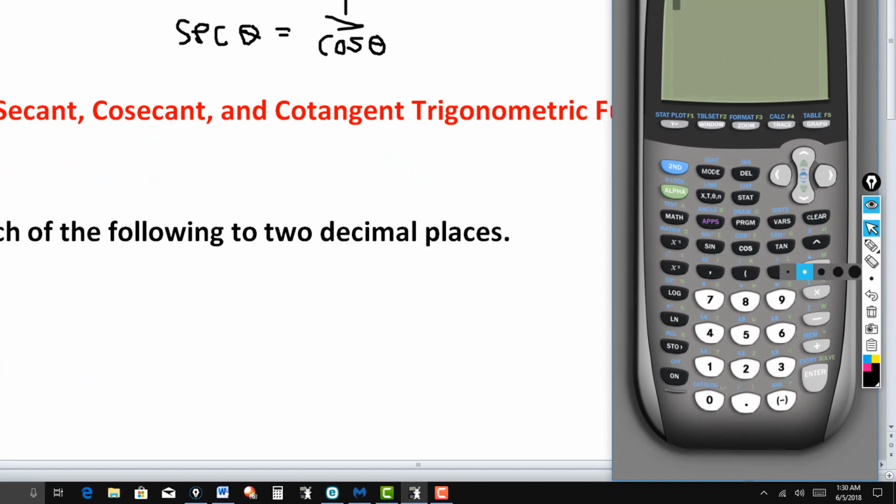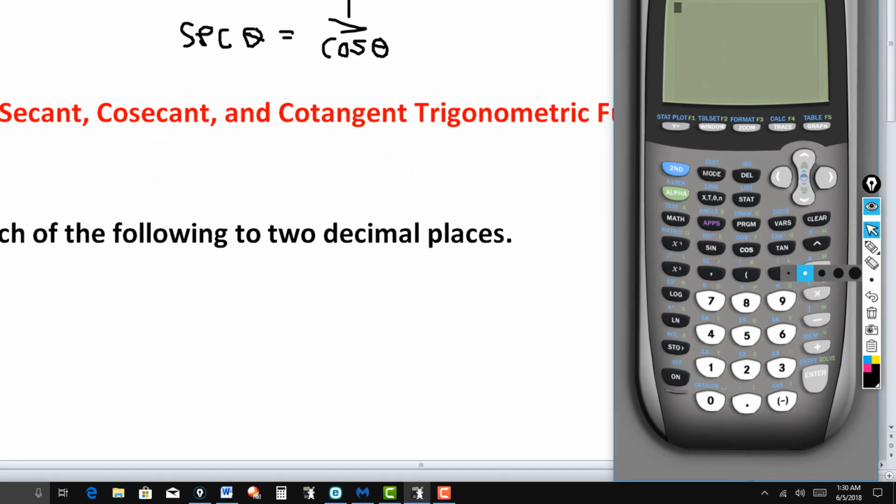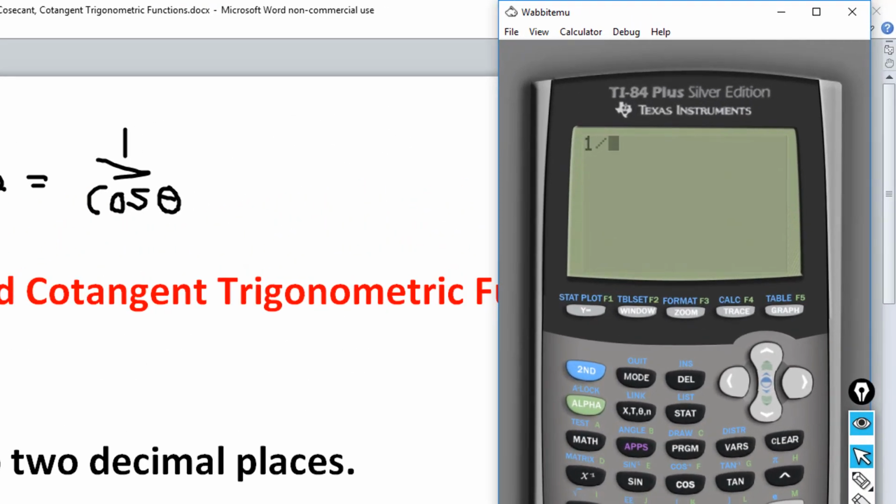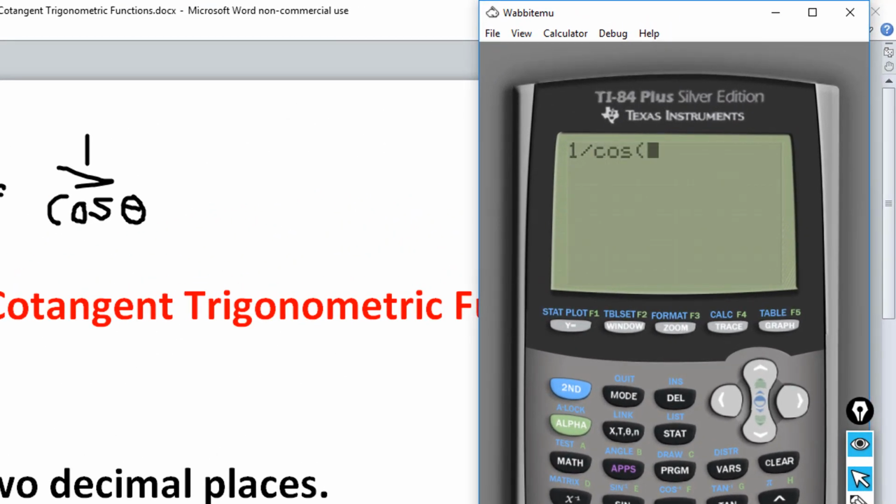Let's enter it here. This is secant of 37 degrees, so a couple of ways we can do it. We can just take 1 divided by cosine and enter 37, and that's attached to degree by hitting the second key here, and then go over here to angle, which we access by hitting the apps key.